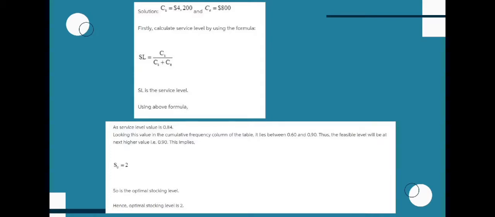Looking at this value in the cumulative frequency column of the table, it lies between 0.60 and 0.90.